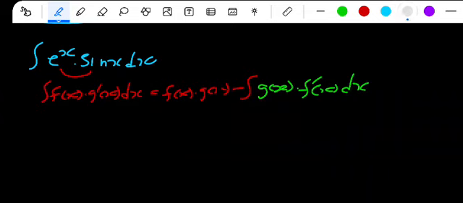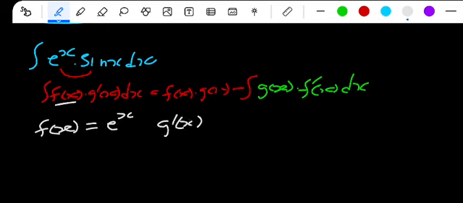All right, so I'll let f of x be equal to what? Make the simpler one in there. We can make it equal to e raised to the power of x. Then I can make g prime of x equal to sine x.